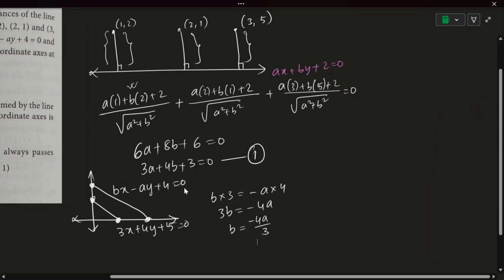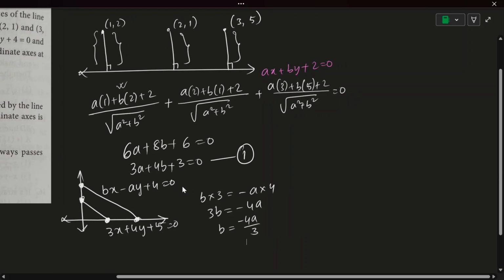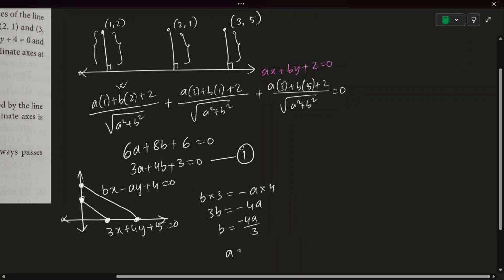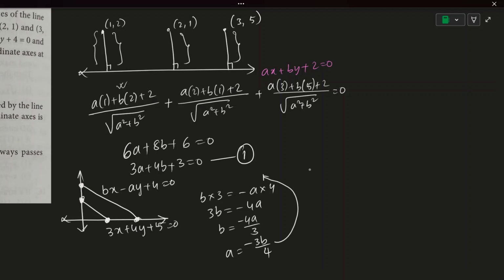Substitute this value in equation 1. Or make it the a value, then you will get a equals minus 3b by 4. Now we substitute the a value in equation 1. What is equation 1? 3a plus 4b plus 3 equal to 0. So 3 times minus 3b by 4 plus 4b plus 3 equals 0.